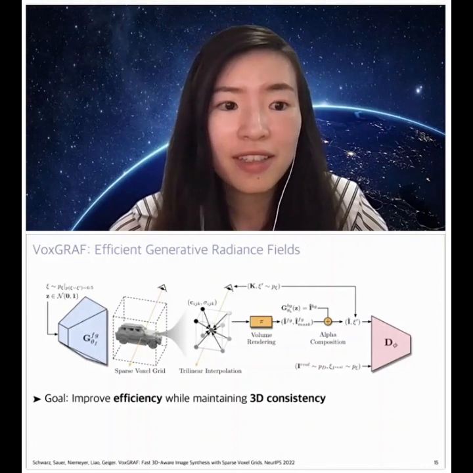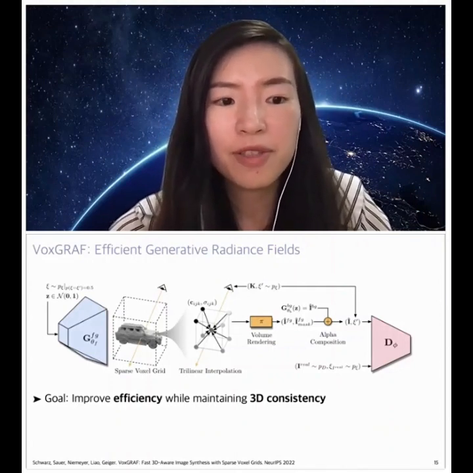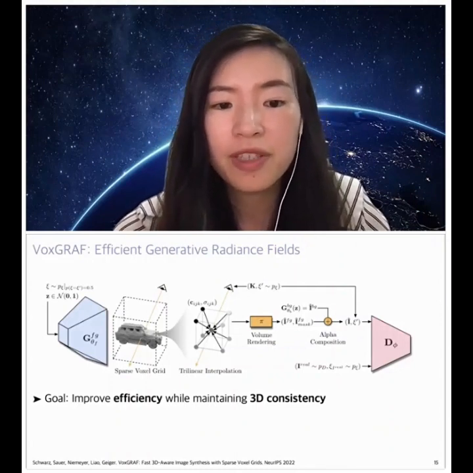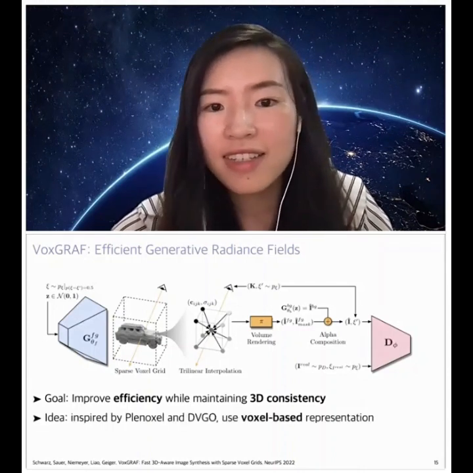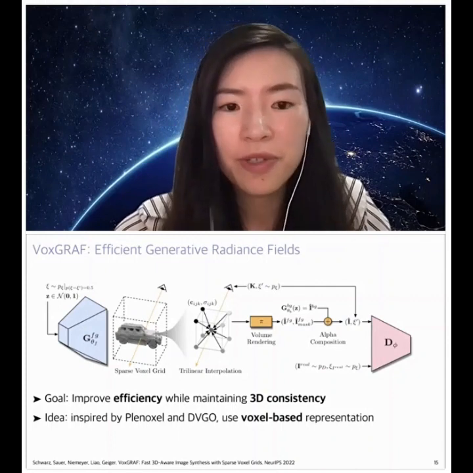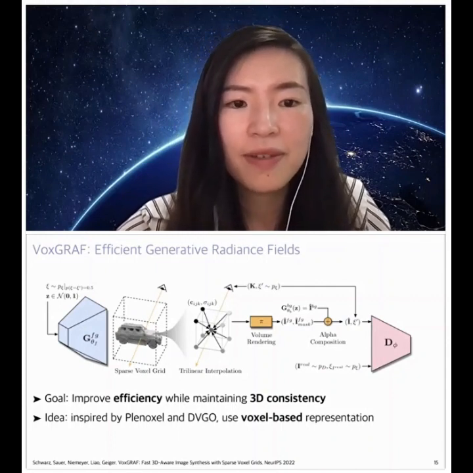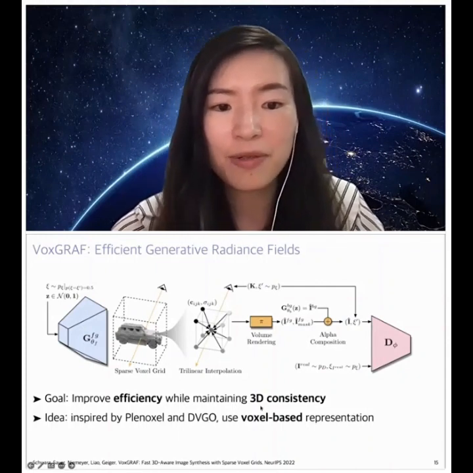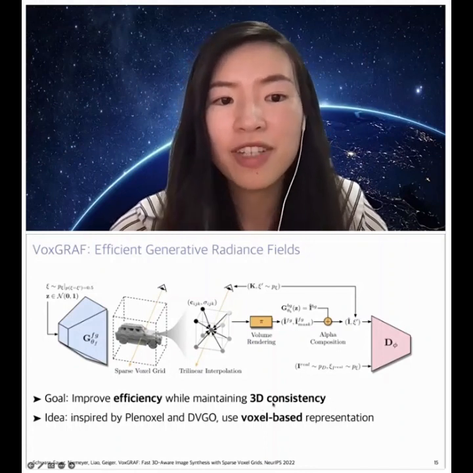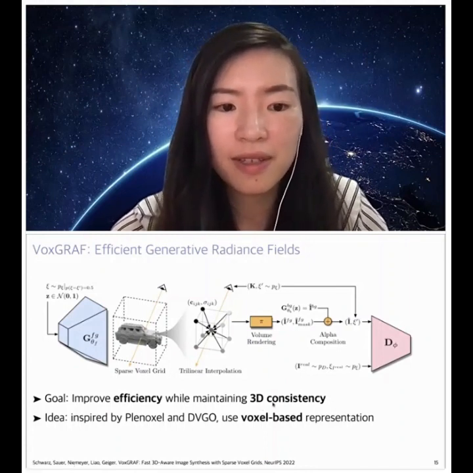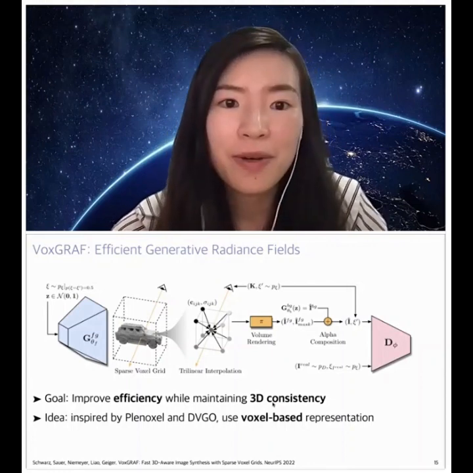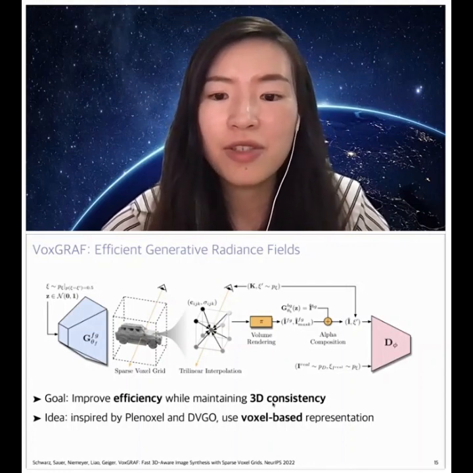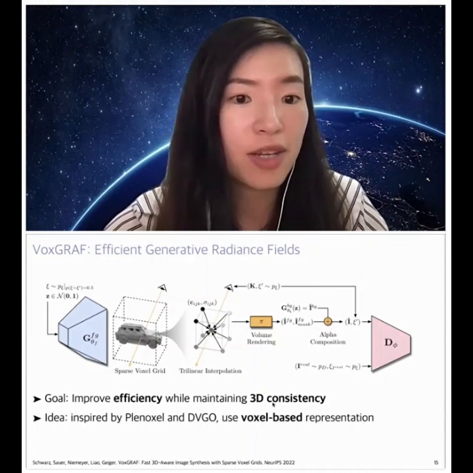So in VoxGRAF, we proposed to improve the efficiency while maintaining the 3D consistency. And the idea is also quite simple and straightforward. It is inspired by the recent progress in accelerating the training, more particularly the methods Plenoxels and DVGO, where they use a voxel grid to represent the scene instead of a large MLP.